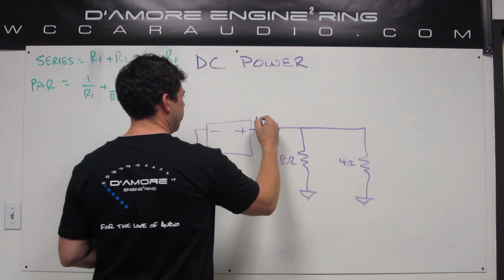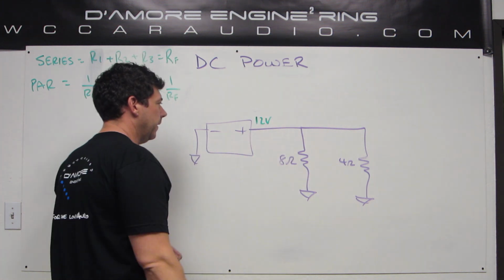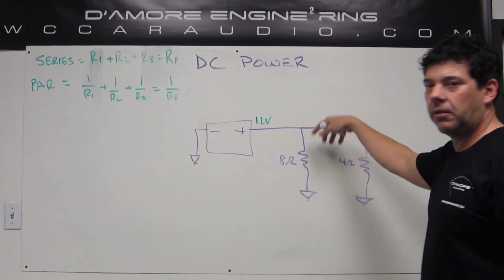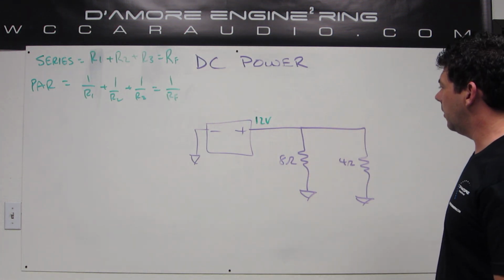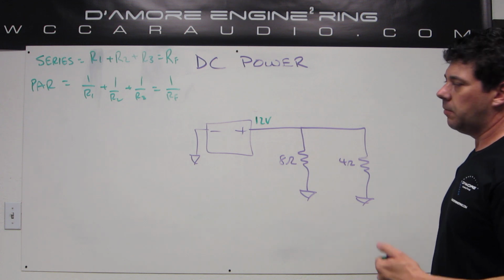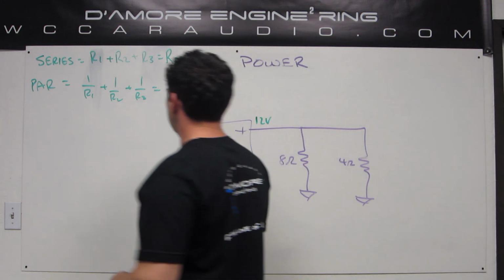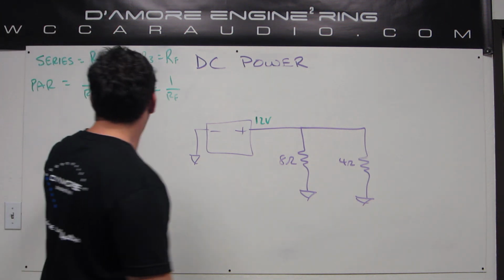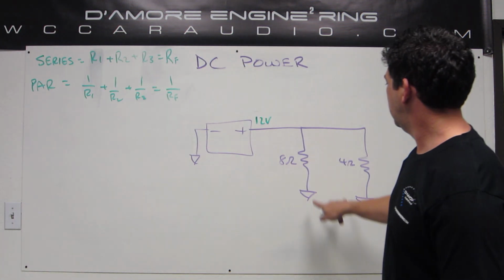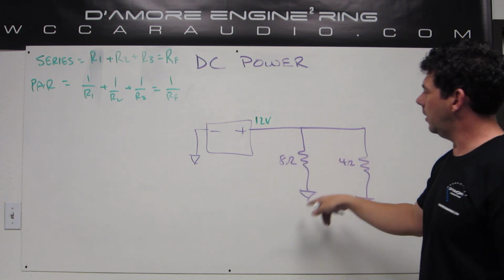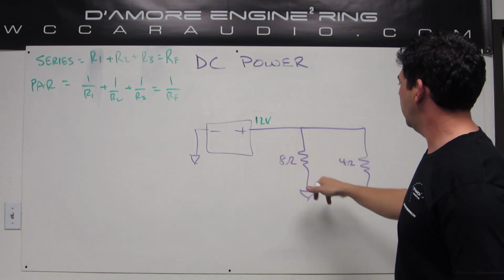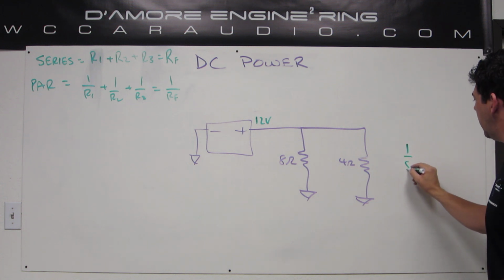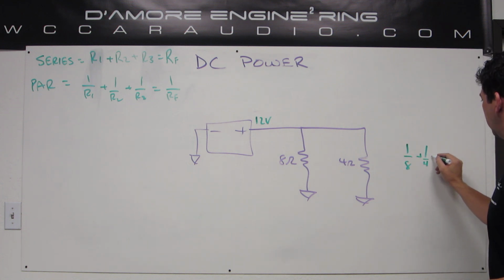So this is 12 volts, and we want to figure out the total current coming out of here, or the current going through these, so that then we can figure out the power. That's one way of doing it, and that's the way we're going to work it out, just because it's more explanatory, I think. We could use our awesome formula here for parallel and say, well, what's the total load on this battery, because these are in parallel. If we did that, do it over here on the side, we would say 1 over 8 plus 1 over 4.